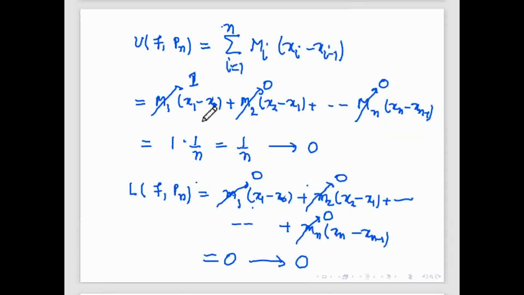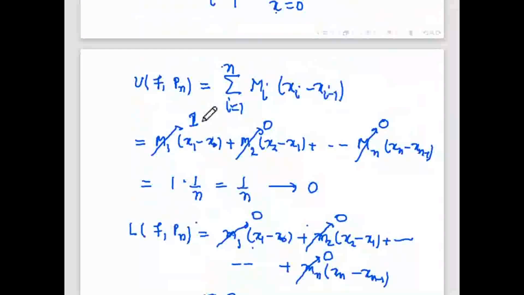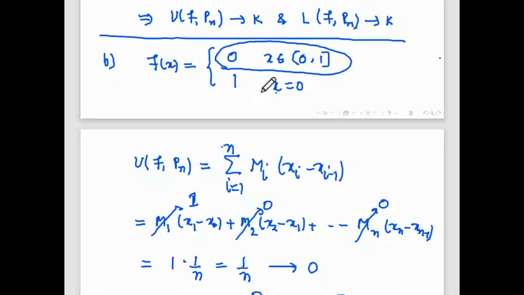What will be the supremum for this function? This function at 0 takes value 1 and at the remaining points it is 0. So if this is 0, this is 1 by n and then 2 by n, in this interval 0 to 1 by n, the functional value can be either 0 or 1.